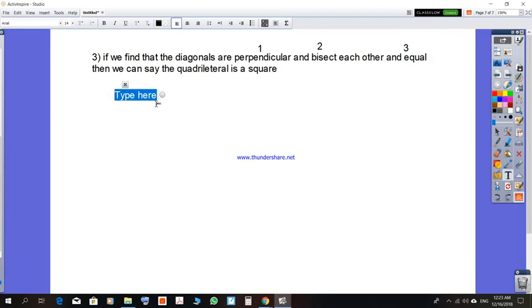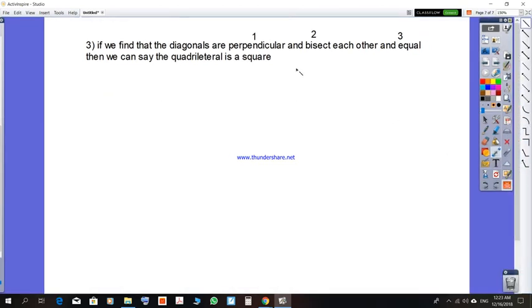If we find that the diagonals are perpendicular, bisect each other and equal, then we can say the quadrilateral is a square.